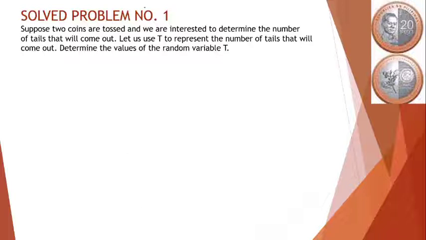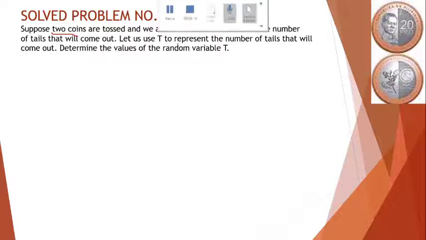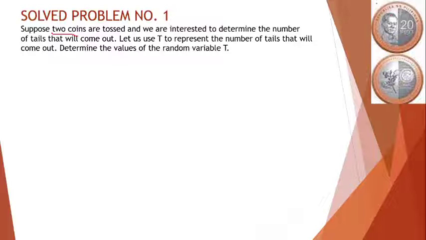So let us solve this problem. Suppose two coins are tossed. So two coins, and we are interested in determining the number of tails. In this coin, obviously, this is the head, and this is the tail.